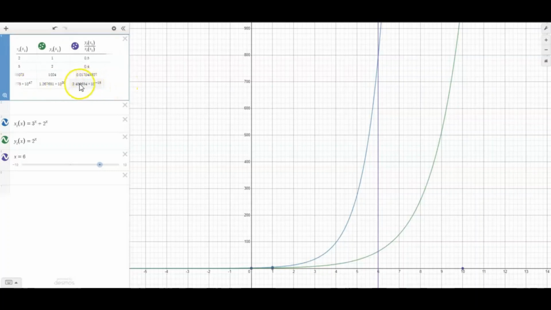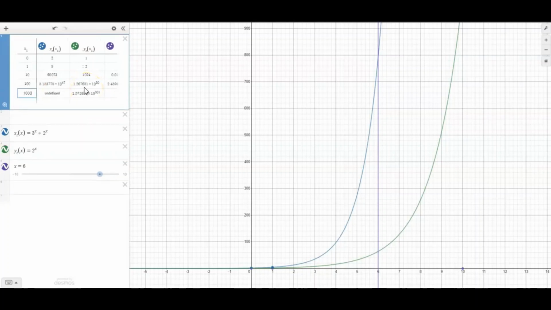The ratio between those is 2.46 times 10 to the negative 18th, which is effectively 0. After 1,000 time units, x of t becomes so large relative to the y component that the ratio of y to x is essentially 0, which tells me the vector is now pretty much pointing along the horizontal axis.